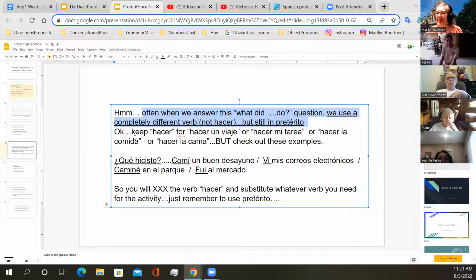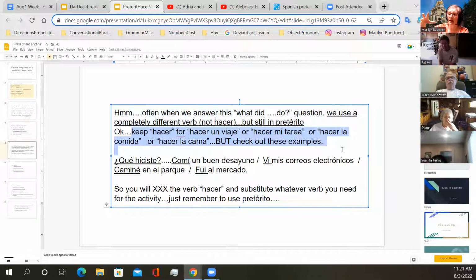So that same thing will happen in Spanish. Sometimes you'll keep the hacer. Certain phrases will keep that verb hacer, like hacer un viaje, take a trip. I know hacer doesn't mean take, but the expression take a trip uses hacer un viaje. So in a case like that, hacer will stay there. You won't boot it out.